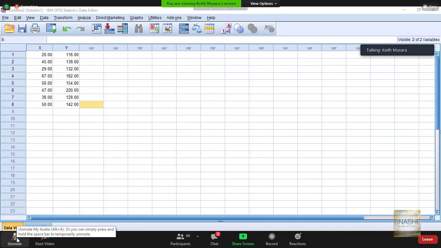So now we entered our data, so we need to fit a linear regression model. We go where it's written Analyze, and then there's a section written Regression. There are a lot of types of regression that you will learn as you go by, but now we are focusing on linear regression. So that's why I go to Analyze, Regression, and then Linear.